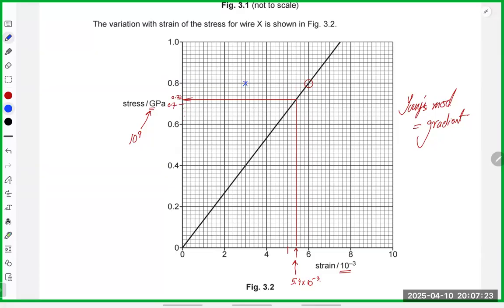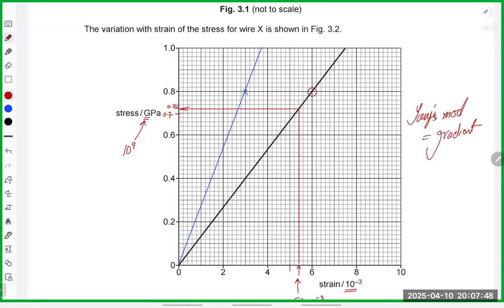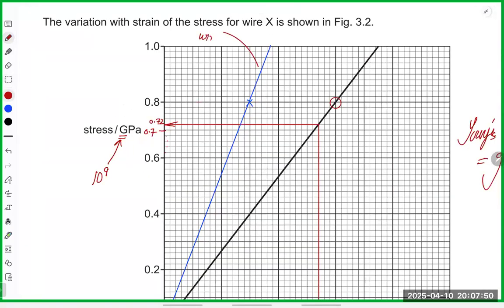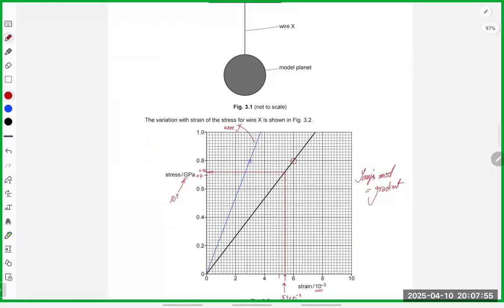Now join this line with the origin. You can always extend the line to the proportional limit. So this would be the line for wire Y. If it has double Young modulus, it should have double gradient.